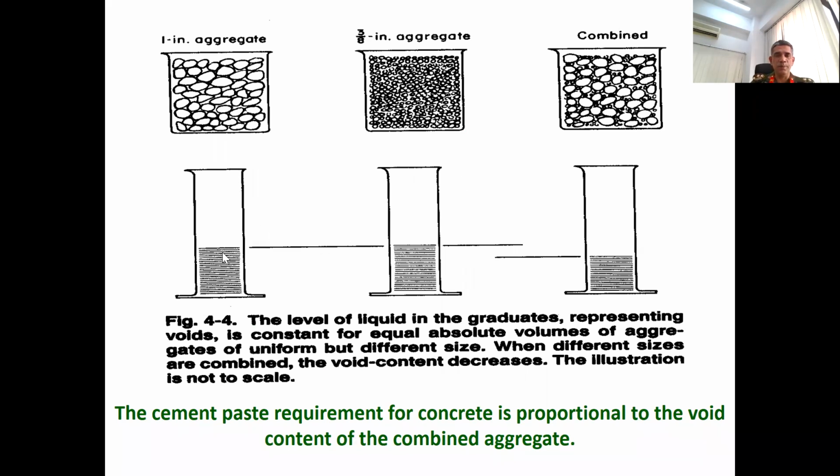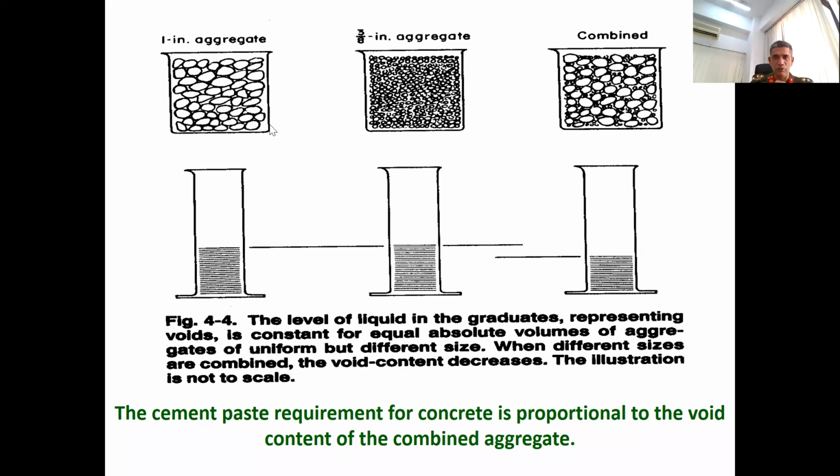So here you see. The voids that you have with 1 inch aggregate, that means the empty spaces, are represented by this amount of water. The voids that you can see with 3/8 size aggregate are represented by this amount of water.